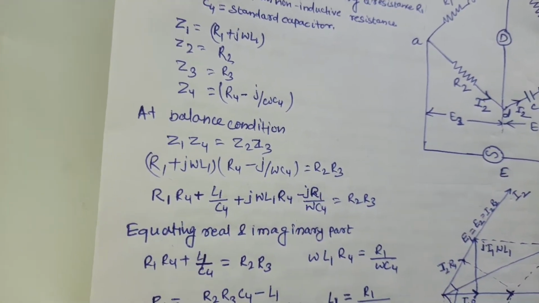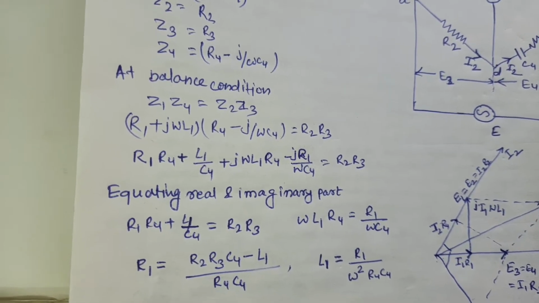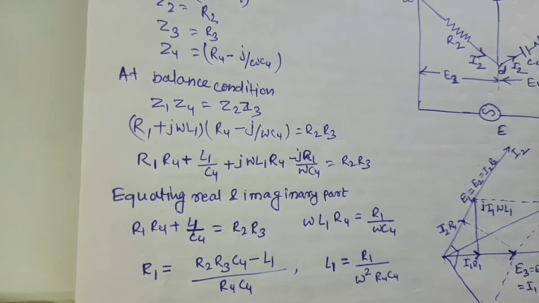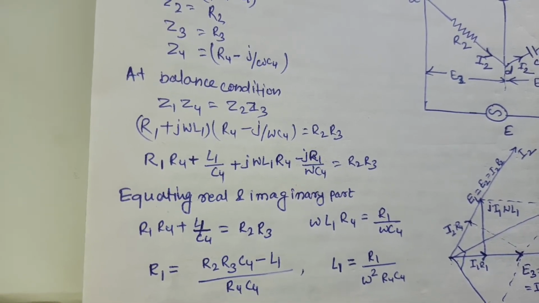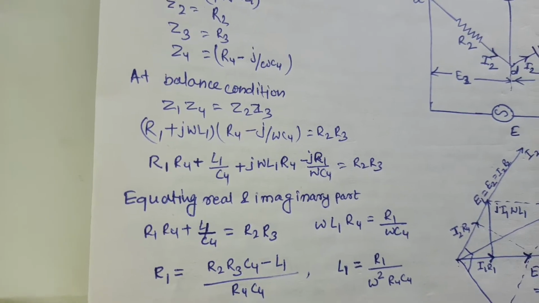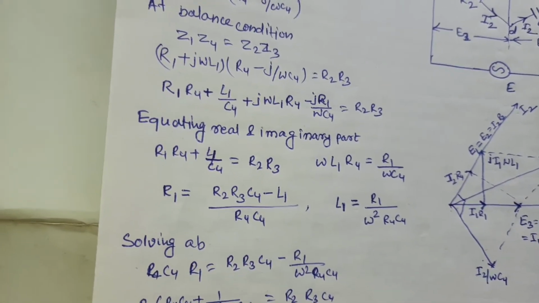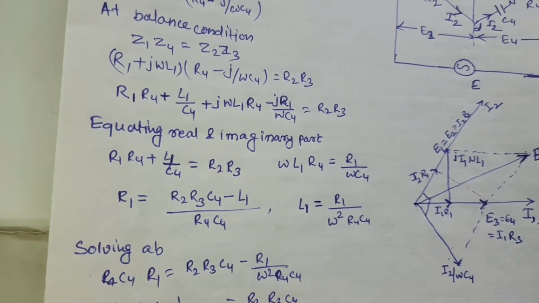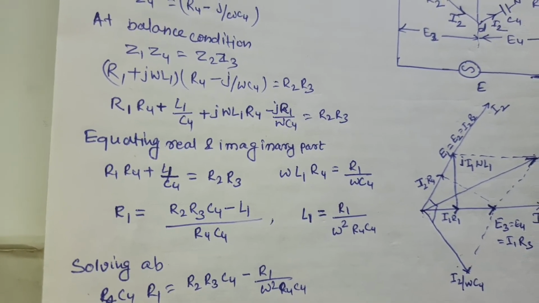By putting the values of Z1, Z2, Z3, Z4, you get the equation, and by equating the real part and imaginary part, the real part of the left hand side is R1 R4 plus L1 by C4 equal to R2 into R3. By solving, R1 is equal to R2 R3 by R4 minus L1 by R4 into C4, and there is no imaginary part in the right hand side.